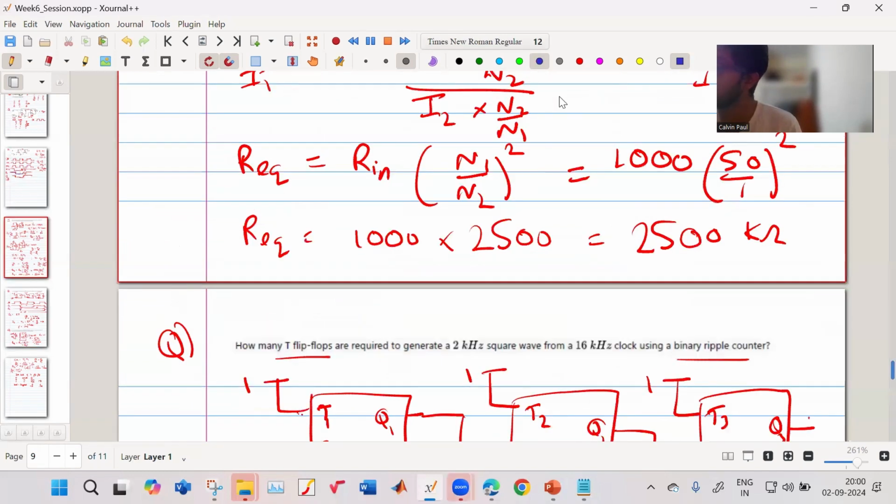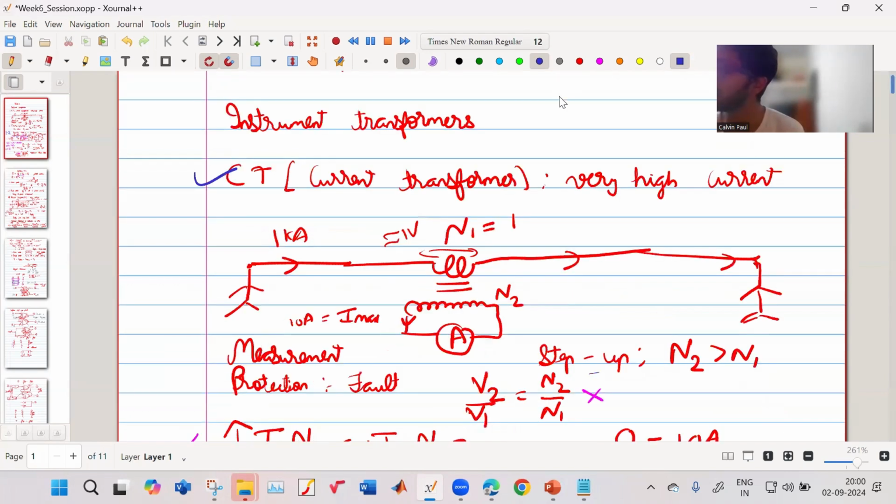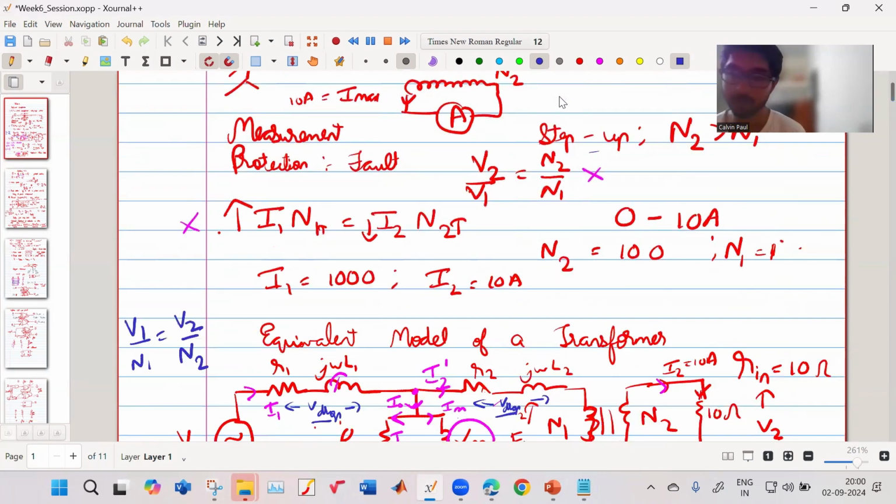Okay, so I'll do a recap of what we have done today. First, I talked about instrument transformers. CT, current transformer: how it is connected in your line, how it is used for measurement, for protection, for fault detection, etc. How it is actually a step-up transformer. Then, what is the equivalent model of a transformer?